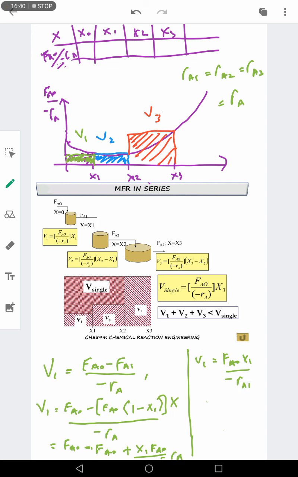So based on this, you have to try how to calculate V2.